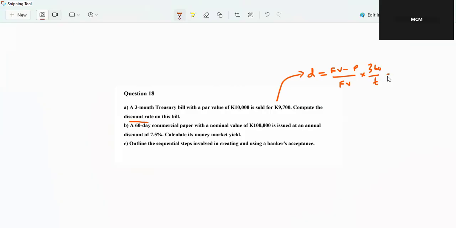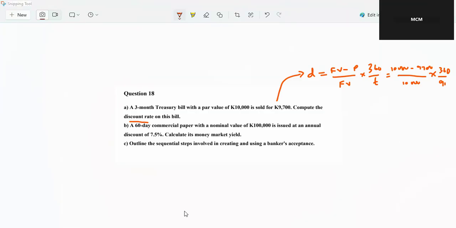So the discount rate is d. Our par value is 10,000 minus 9,700 over 10,000 times 360 over the number of days. What's the number of days we have? It's a 3-month bill. For 3 months, we're talking about how many days? 91 days, right?